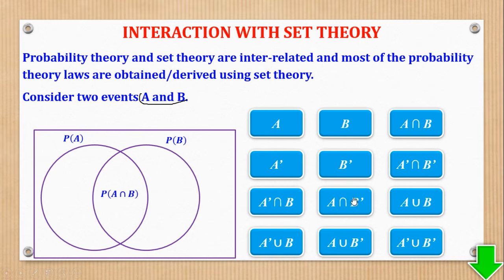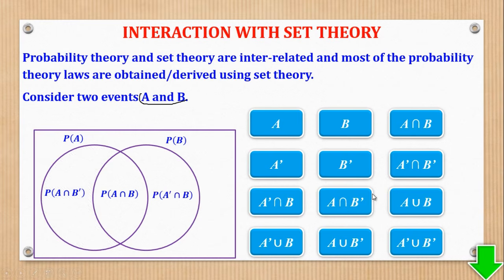Then probability of A intersection B, it takes that. Then probability of A intersection B complement. So this is what we used to call A only in our O-level. So A intersection B complement, it will be that.